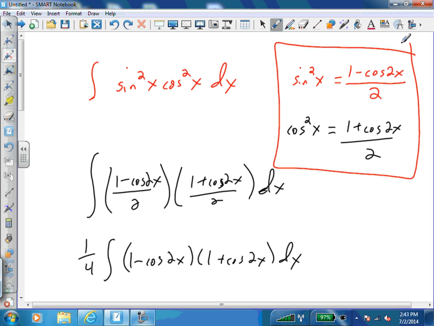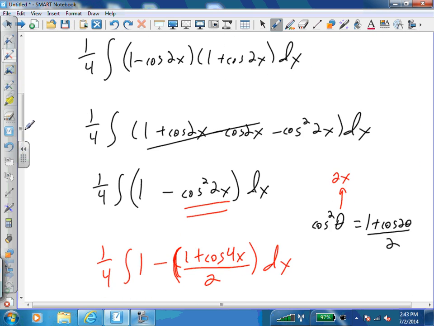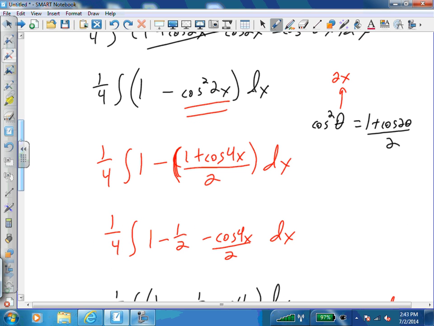Unfortunately, when we utilize those, we still ended up with an even power for our cosine. So to handle that, we use our identity again. If we replace that again, we get cosine to the first. We get an odd power for cosine. Once we get there, that's going to be something that we can deal with.